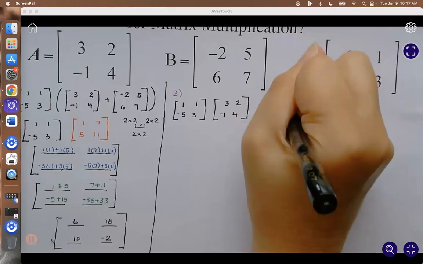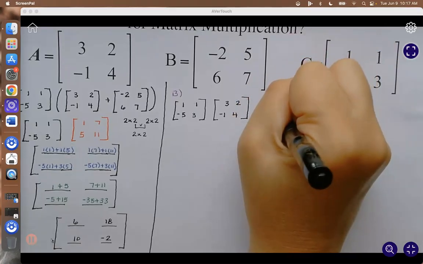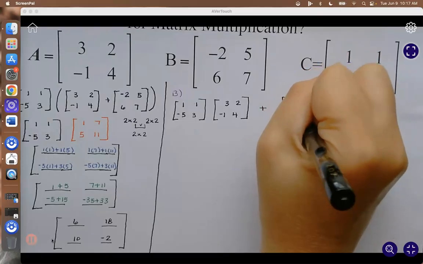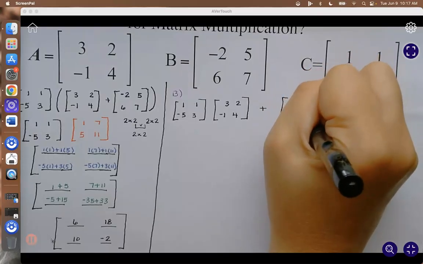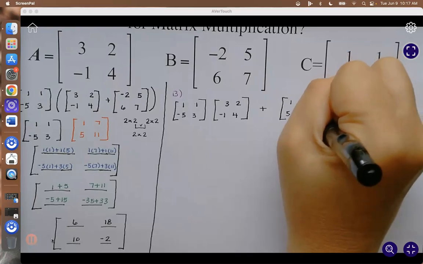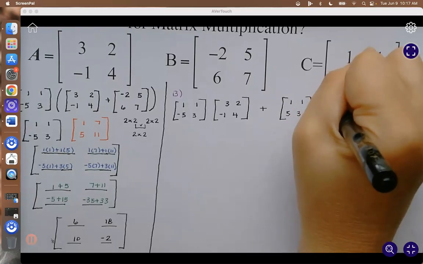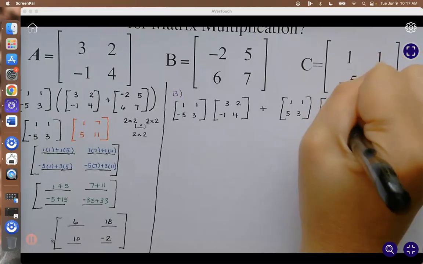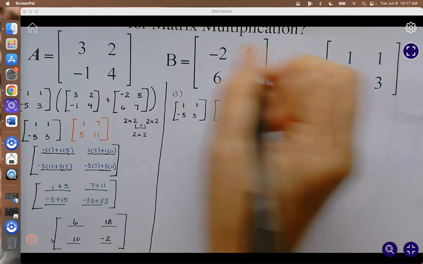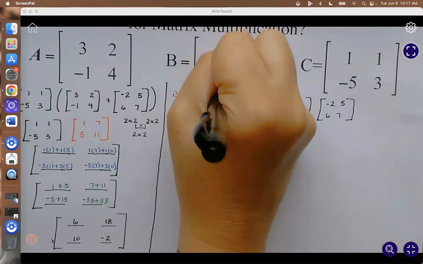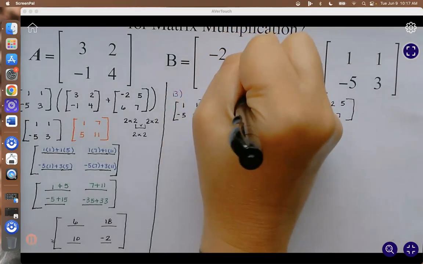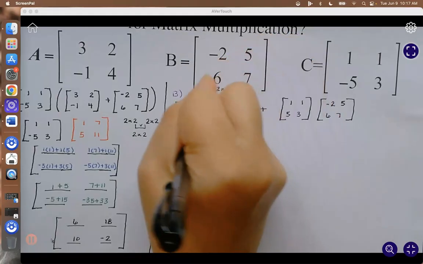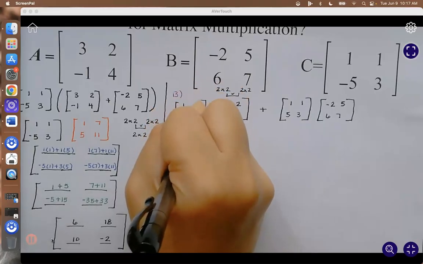Then we're going to add it to the answer of multiplying C, 1, 1, negative 5, 3, times B, negative 2, 5, 6, 7. Now remember, this is a 2 by 2, this is a 2 by 2, so this answer is going to be a 2 by 2.